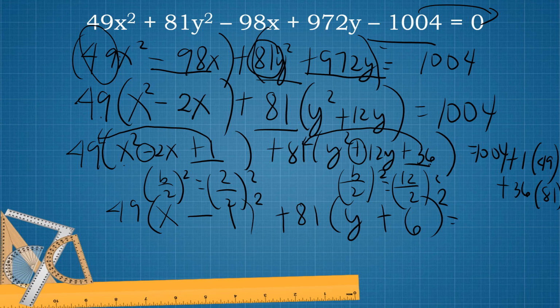Now we need to simplify 1004 plus 1 times 49 plus 36 times 81. And the answer is 3,969. Now, after this, we need to divide both sides by 3,969.